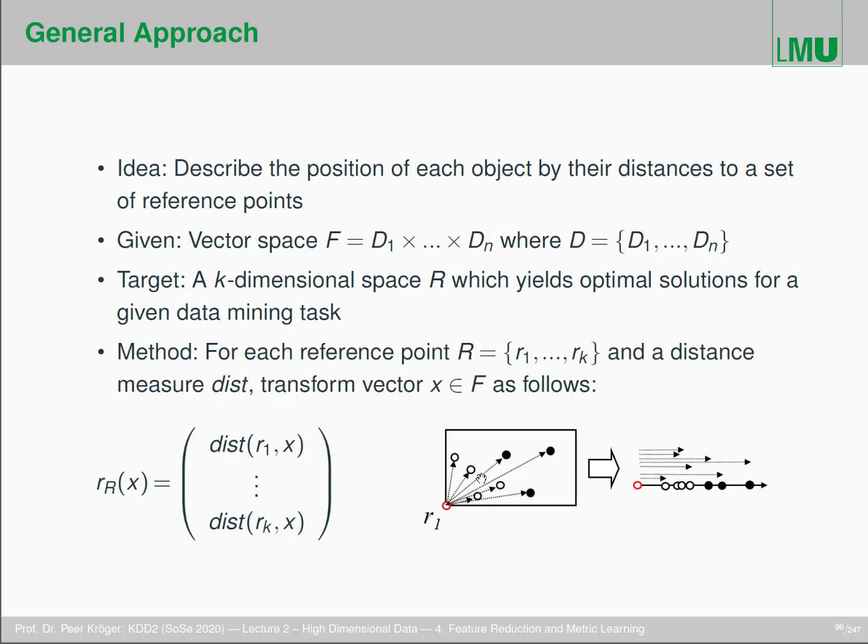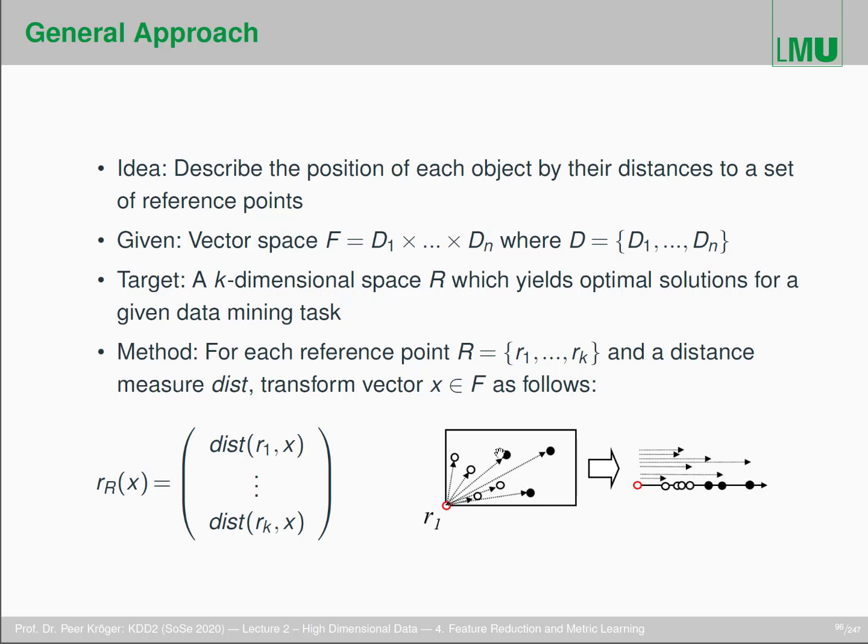You see that all the white points have a very small distance to the reference point, and the black ones have a large distance to the reference point. Maybe in the new one-dimensional feature space, you can really distinguish between the two classes.